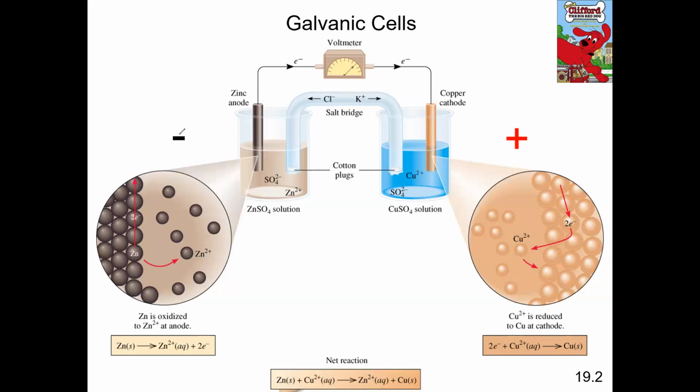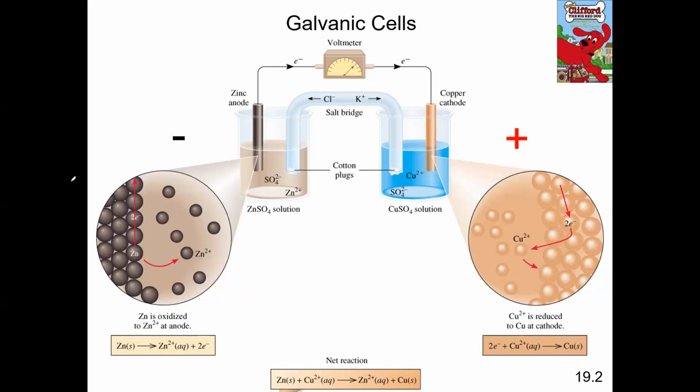Because the anode is oxidation, electrons are coming out from the oxidation compartment, loss of electrons is oxidation, and going into the reduction compartment. Okay. So during oxidation, what ions are going into the solution? The positive ions or the negative ions? You can see this picture. Try to focus on this picture.